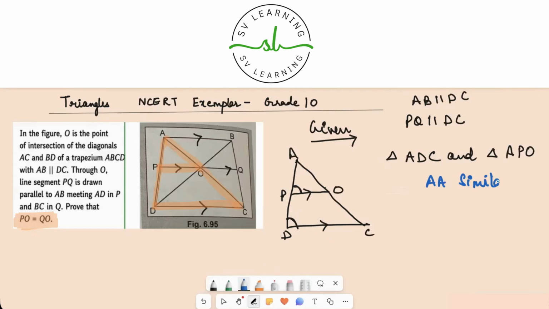So we know that when we are proving AA, we need not do AAA because it is understood when two angles are equal, then the third will also be equal. So now when the triangles are similar, what can I say? PO by DC is equal to AP by AD.